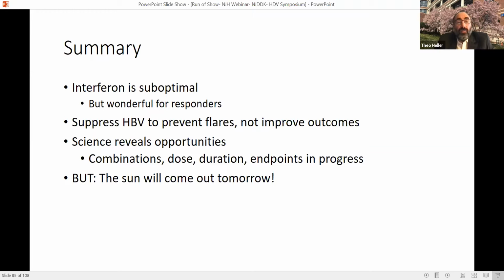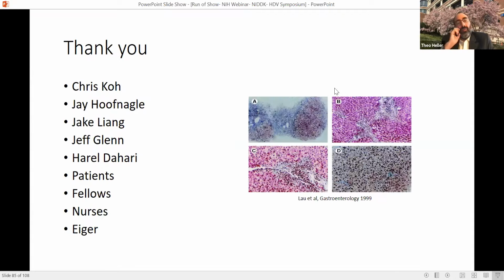The combinations, dose, duration, endpoints are all works in progress and are not clear. But what is clear, if you'll allow me to quote Annie, is that the sun will come out tomorrow. There clearly is a lot of promise, and a lot of opportunity to manage this disease, and perhaps even, if I can say, cure it.